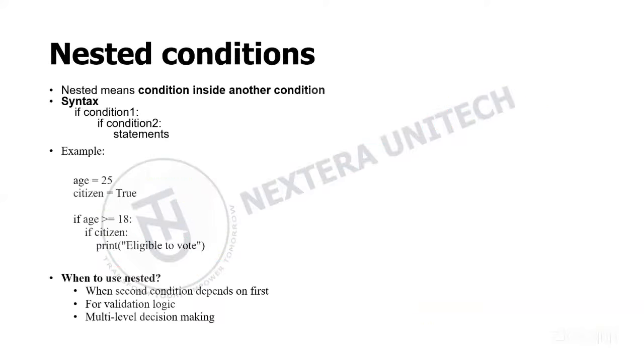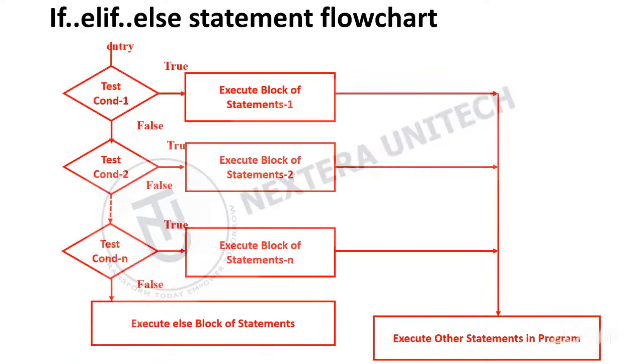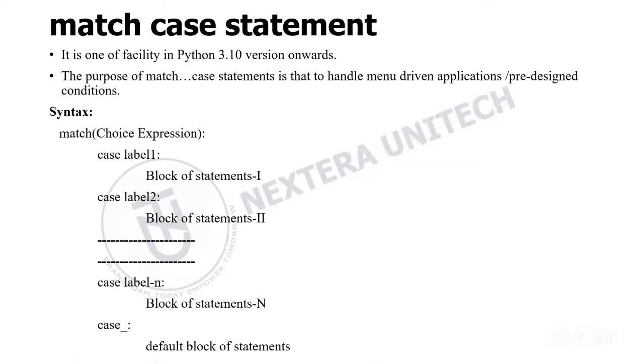In this we have nested conditions, so nested if or nested if else. We also have if elif else, which you can use when you have multiple conditions to check. And when you want a menu-driven application, you can use a match case statement. These are used when we have predefined conditions or choices.